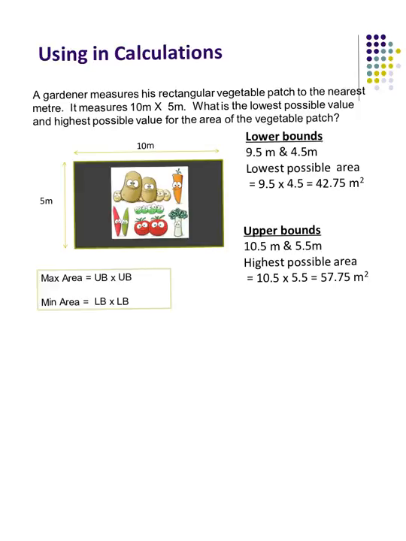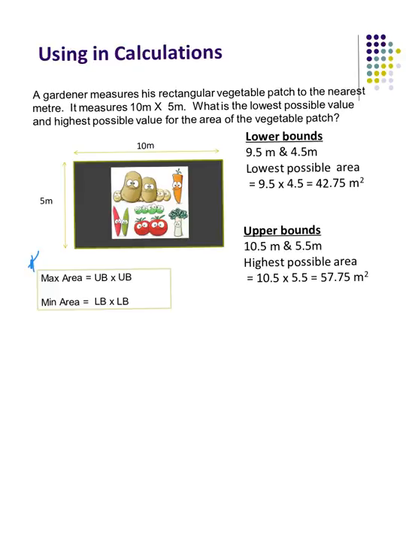Now, when we're multiplying, if we're working out upper and lower bounds, the smallest value we could have would be when we multiply the two lower bounds together, and the largest area will be when we multiply the two upper bounds together. So that's one rule for multiplying. The maximum is the two upper bounds multiplied together. The minimum when we're multiplying are two lower bounds.